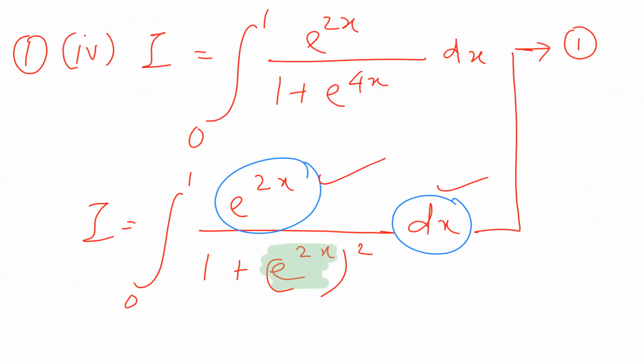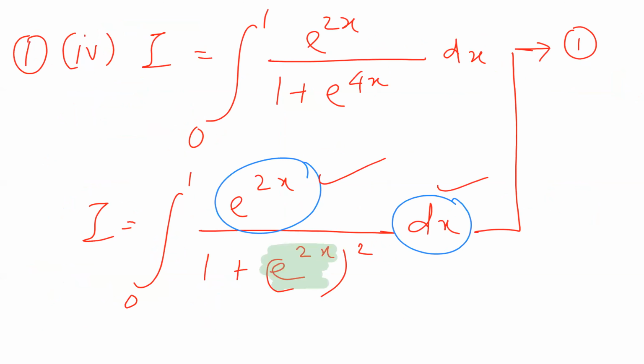Again, half will go outside. This right hand side step is very crucial. Half integration of 1 upon 1 plus t square dt.